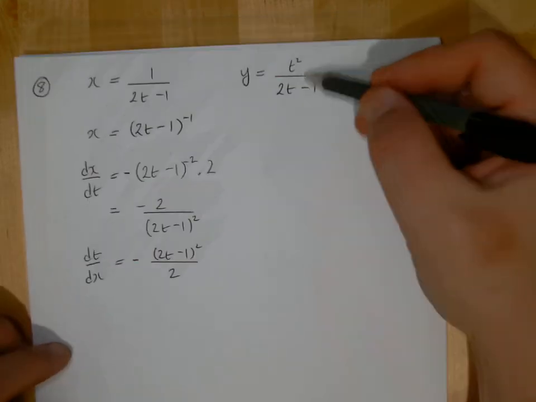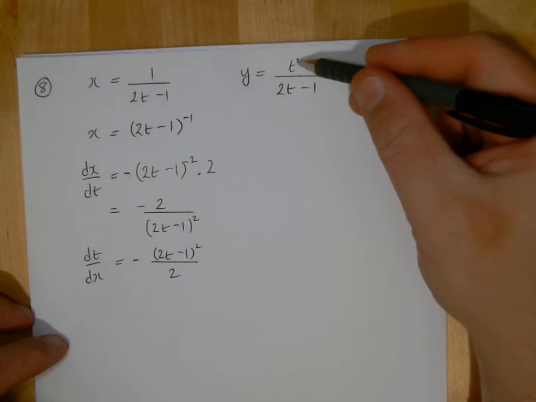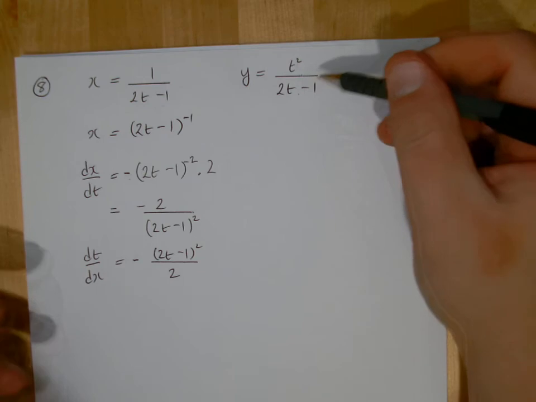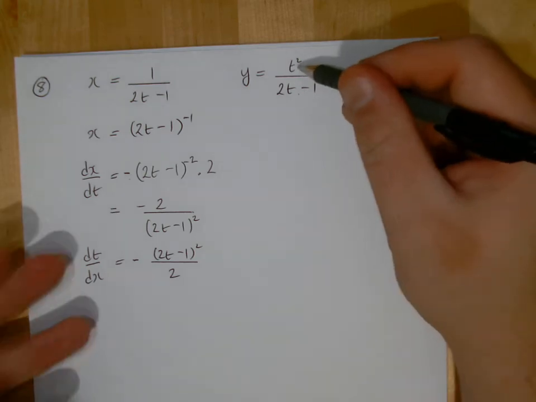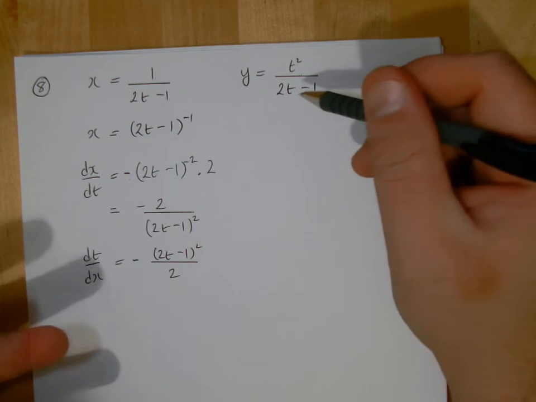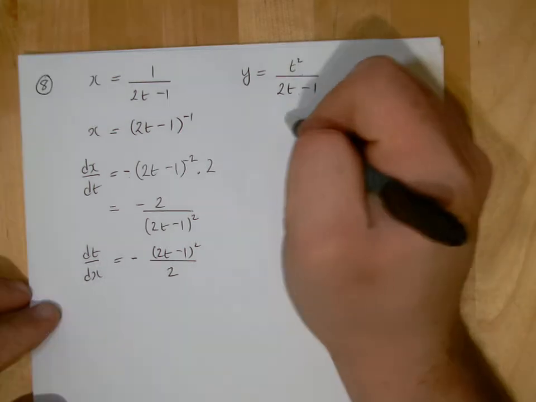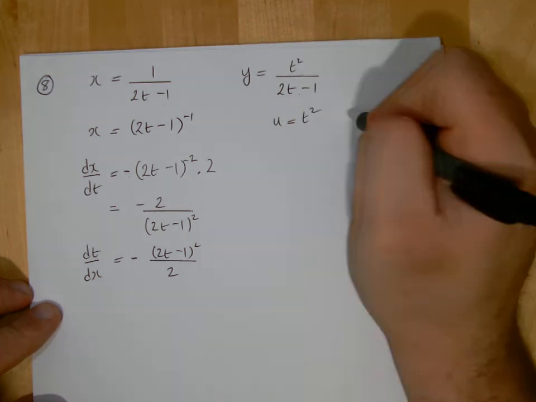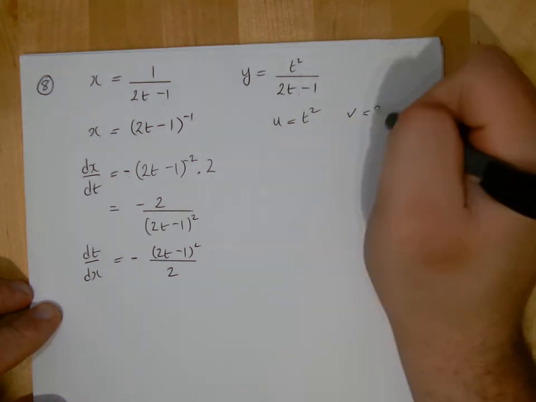Now, it's a different story here, okay, because we've got a function in terms of t on top and bottom. So to differentiate that, you've got to think, well, we've got variables on top and bottom dividing, so I'm going to have to use the quotient rule here, okay, the quotient rule. So if you remember the quotient rule, u is the function on top, which is t squared, and v is the function on bottom, which is 2t minus 1.